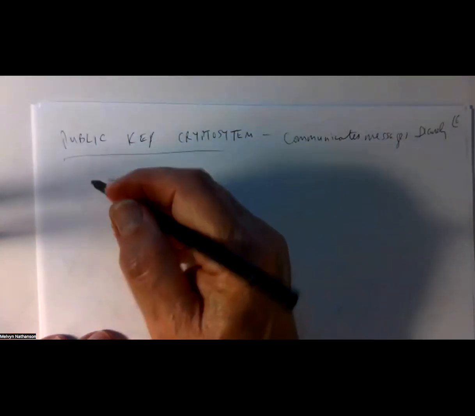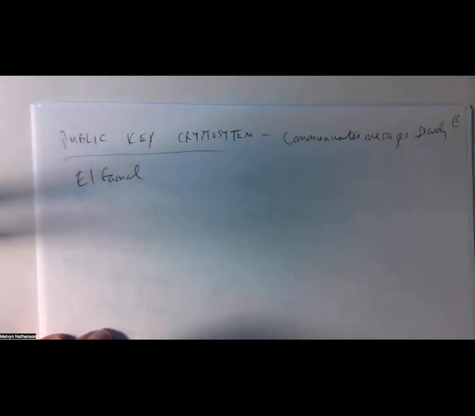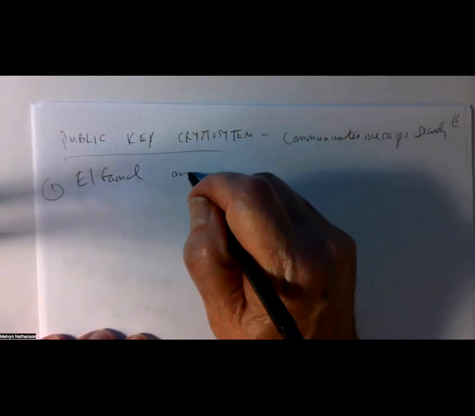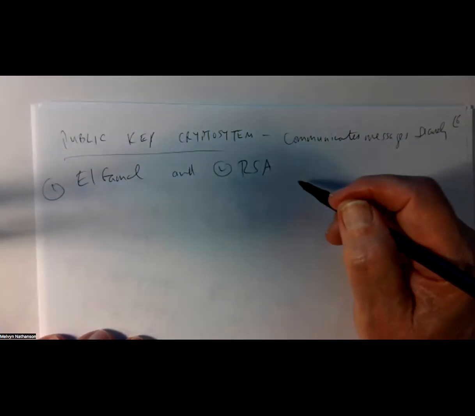That's what we want to do. Communicate a message securely. And we're going to look at two systems. One is called the El Gamal system, the El Gamal public key crypto system. And the second is called RSA.